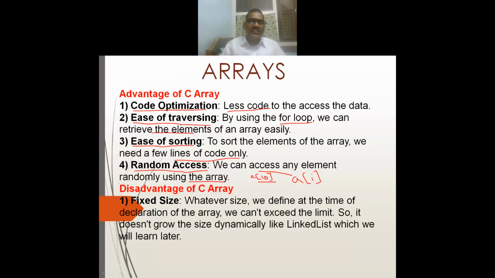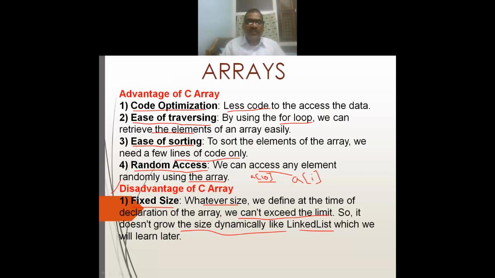Then coming to the disadvantages. The disadvantage with the array is that arrays have a fixed size. Whatever size we define at the time of declaration of the array, we cannot exceed that limit. It does not grow dynamically, like a linked list. So the size is fixed here, and that is the reason we cannot store more than that number of elements in the array.